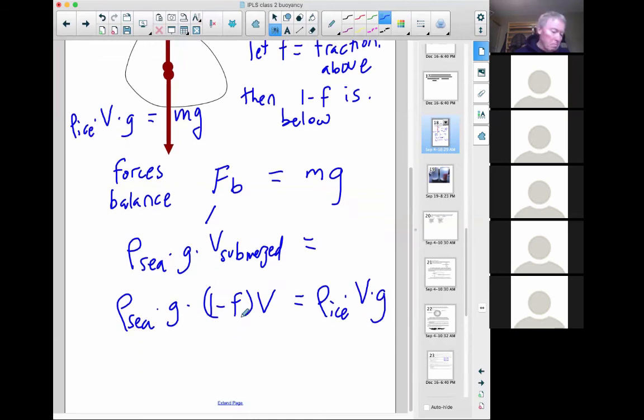Now, this is good because V and g both cancel, and we know the two densities, so we should be able to solve for this fraction F, which was the thing we were looking for.